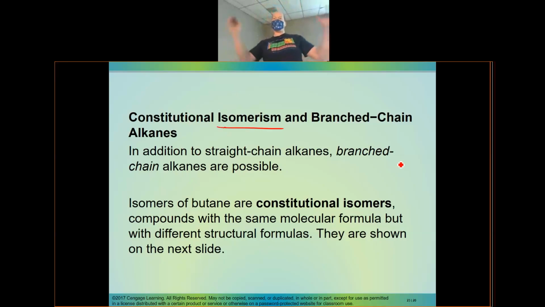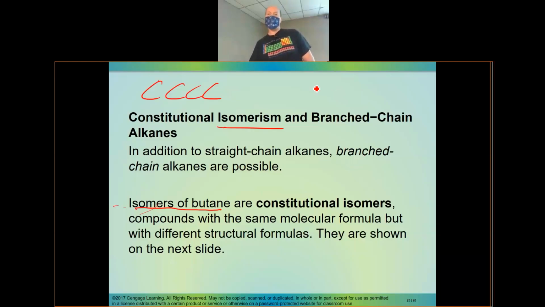All right, so we had our normal chains. Those are in a straight line. They do not have to go in a straight line. If they do not go in a straight line, then they're called isomers. So if we look at butane, we have butane that has 4 carbons in a row.